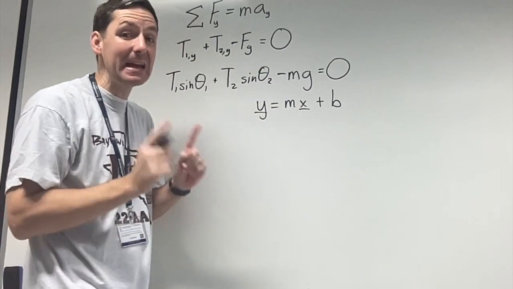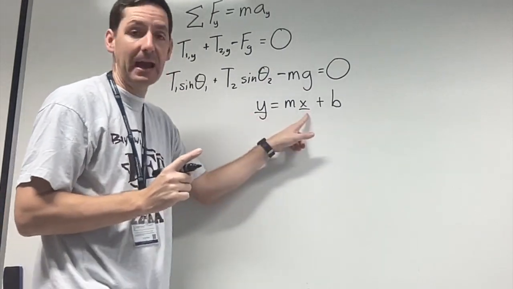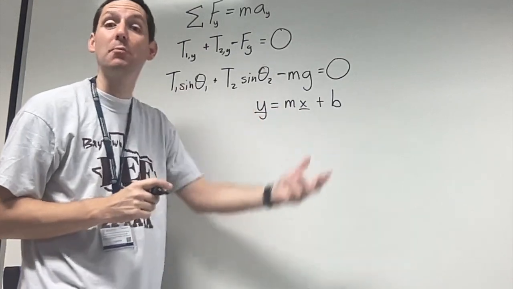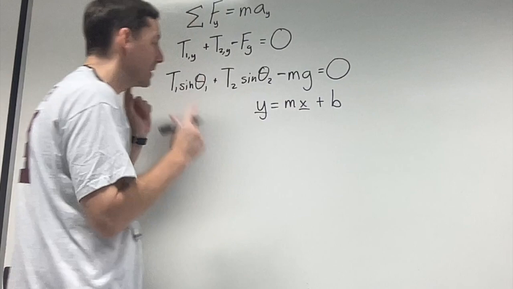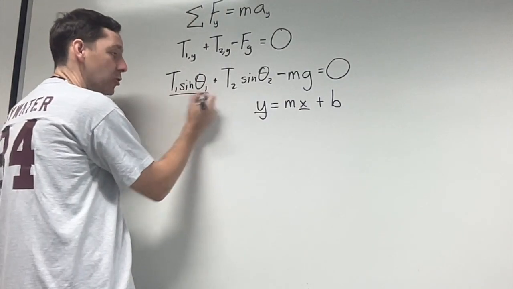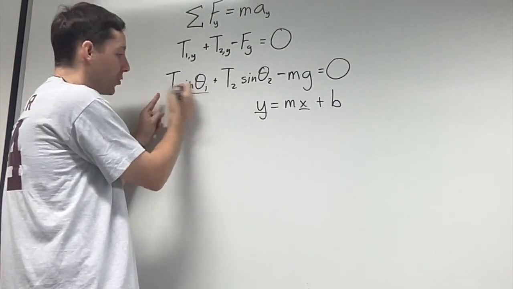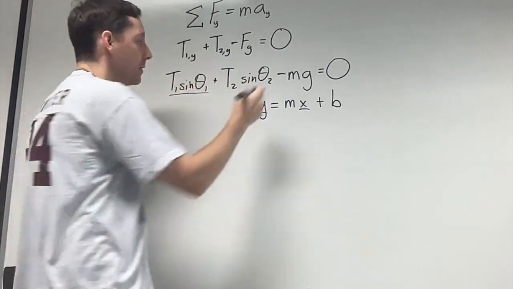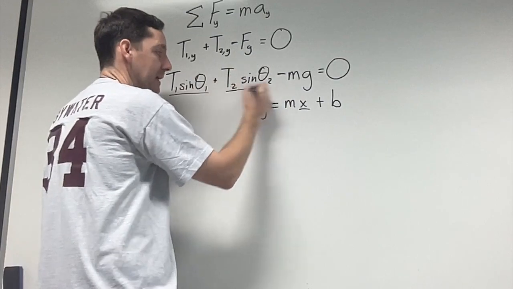You can't have any unknowns in y and x. Those have to be your independent and dependent variables, the things that you're measuring. So in this case, you'll notice that those were things that I measured. That term right there could be either x or y. This one right here is also things that I measured.